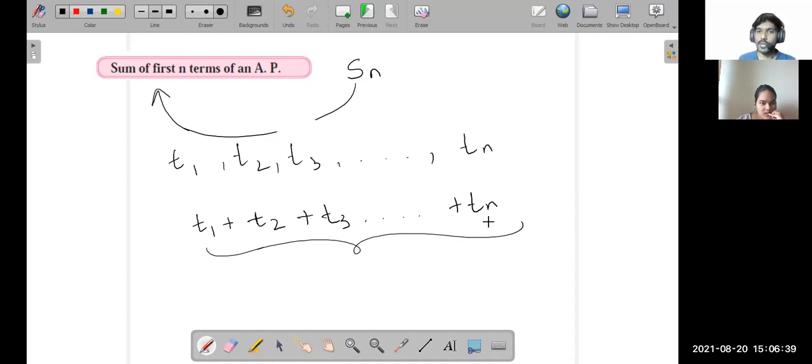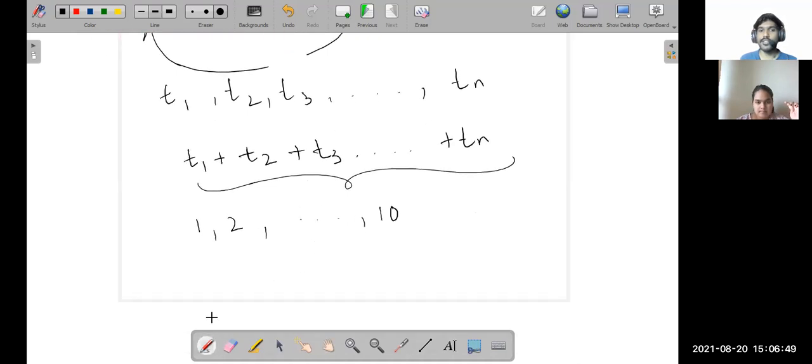Now, if you have few numbers, it is easy to add. Suppose you have just 10 numbers, 1, 2, up to 10, and you want to find the sum, 1 plus 2 plus 3 up to 10. You can do this easily because there are few terms.